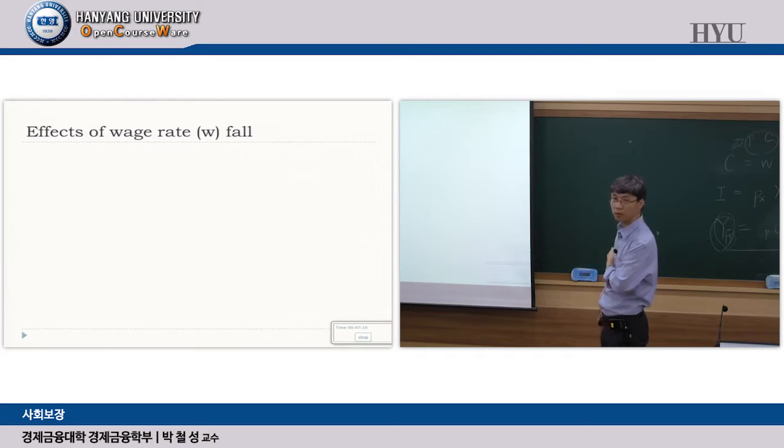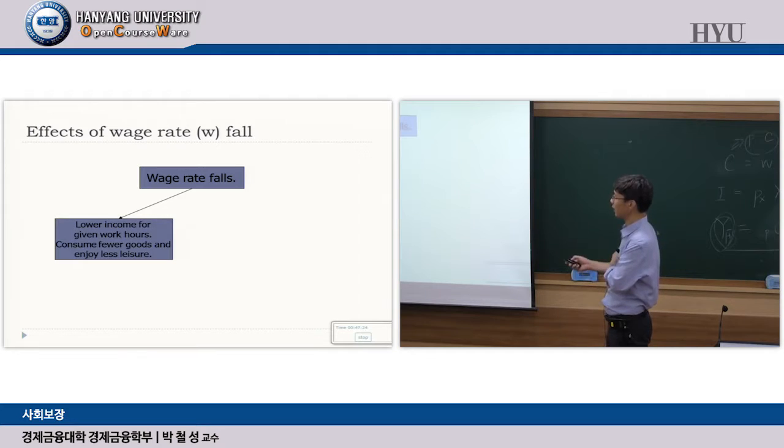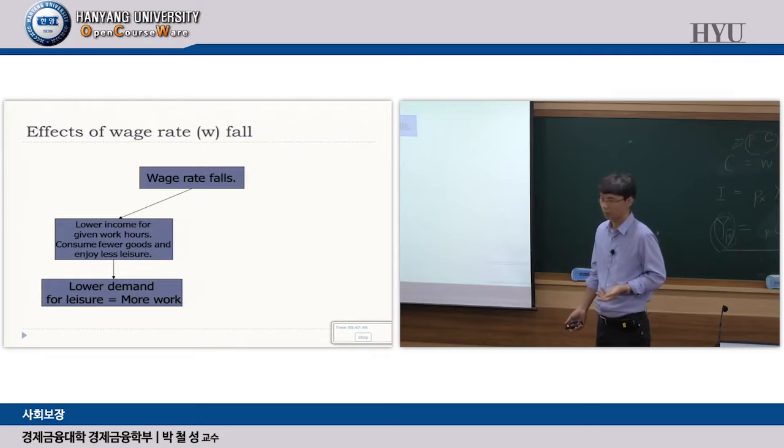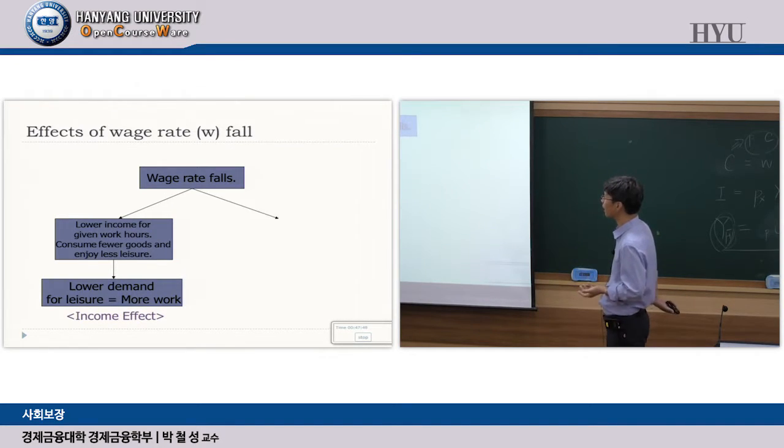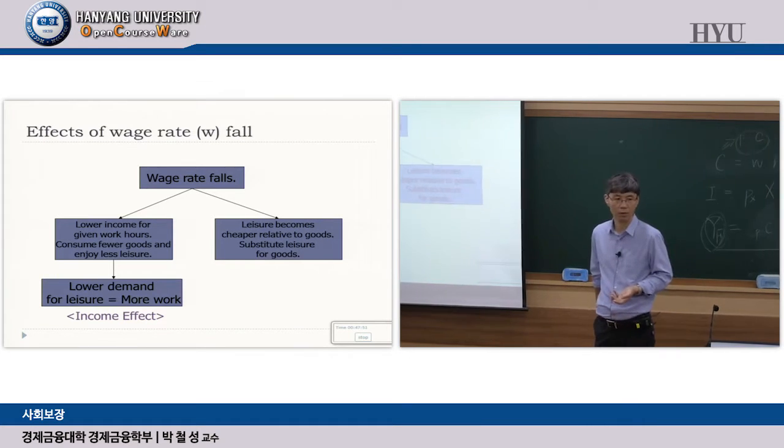Okay, wage falls, basically the opposite thing happens. Wage rate goes down, then income is lower, so what? Demand for leisure should increase or decrease? Income is lower, so demand for leisure should decrease, right? Because you have less income, so you demand less leisure. So that means what? More work. Now wage rate falls, then price of leisure is cheaper, right?